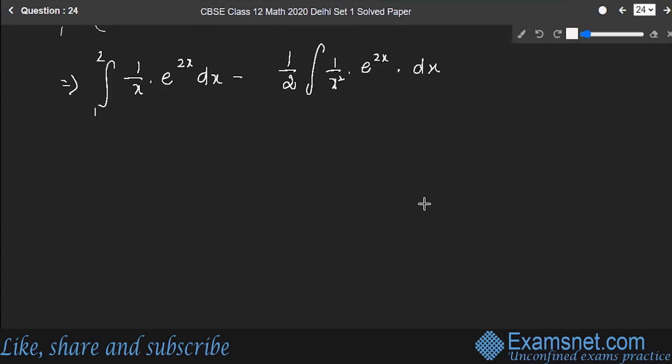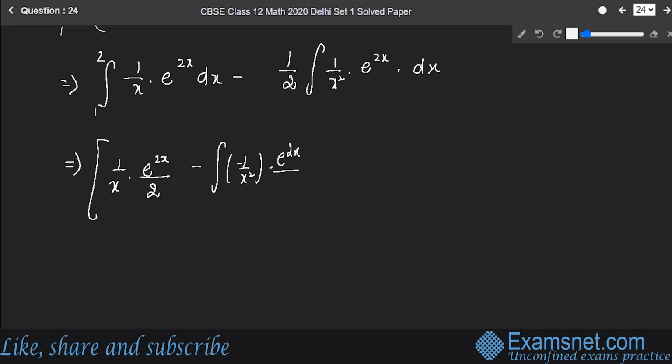Now, I'll be using integration by parts over here. So this will be equal to first function into integral of second, minus integral of derivative of first into integral of second dx. The limits were from 1 to 2, minus integral of minus 1 by 2. I'm not touching it actually because this will get cancelled ultimately.